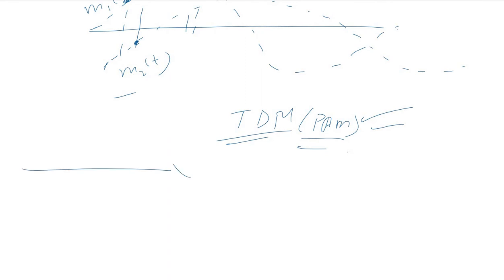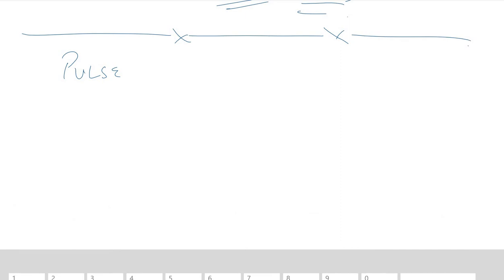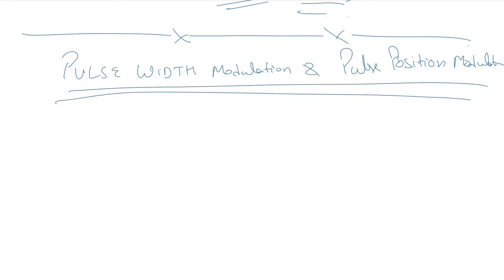Okay, next we'll have a look at the other pulse analog modulation techniques, which are pulse width modulation and pulse position modulation. There are three different pulse analog modulation schemes. Pulse amplitude modulation we have already done. So the next two are pulse width modulation and pulse position modulation.